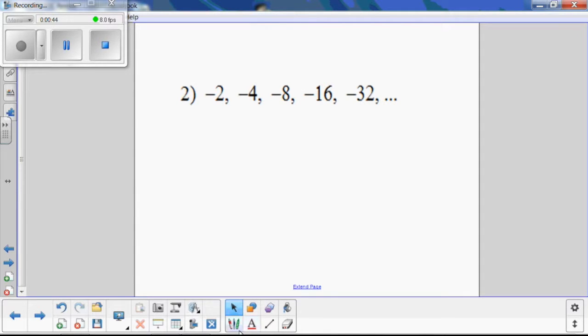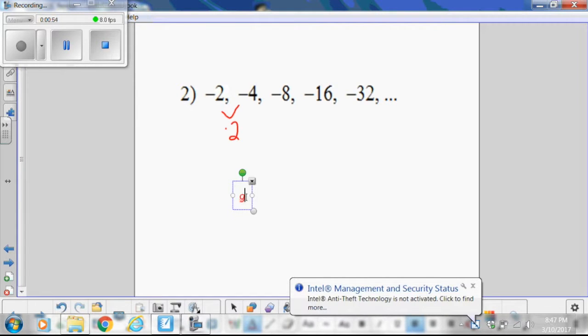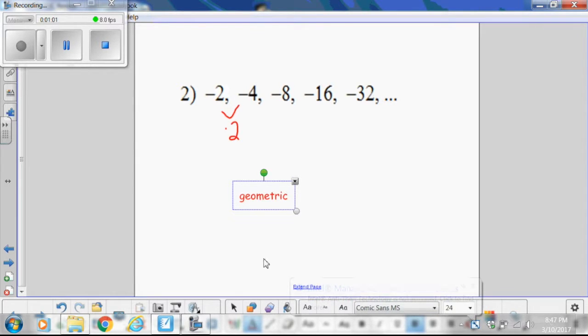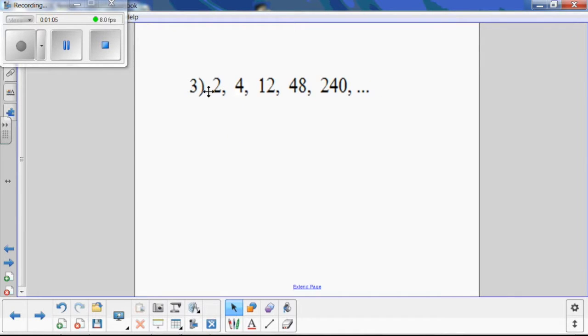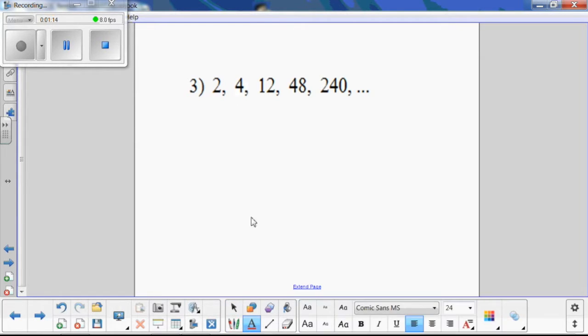In this sequence, we're multiplying by 2, which would make this a geometric sequence. This sequence, it looks like we might be adding 2 or multiplying by 2, but neither of those work for the third term. So this sequence is neither arithmetic nor geometric.